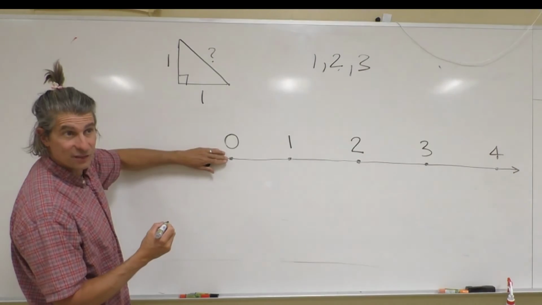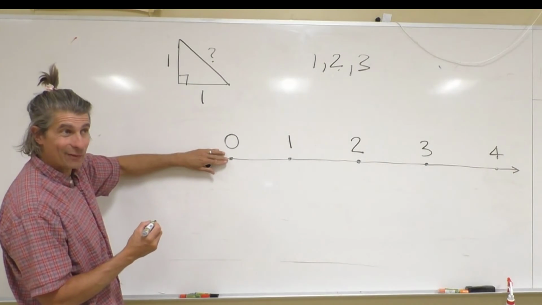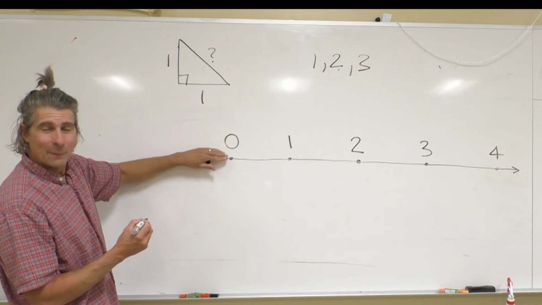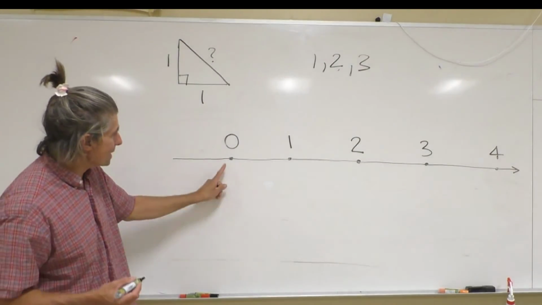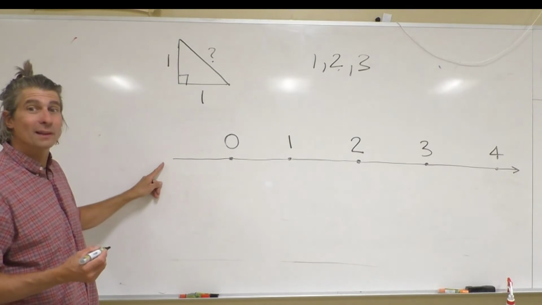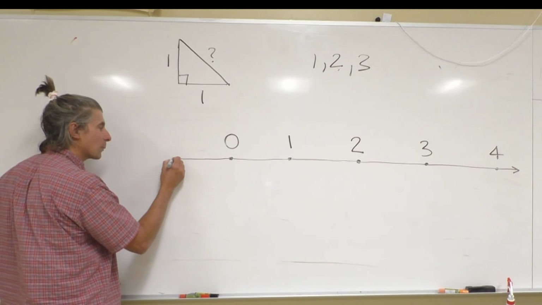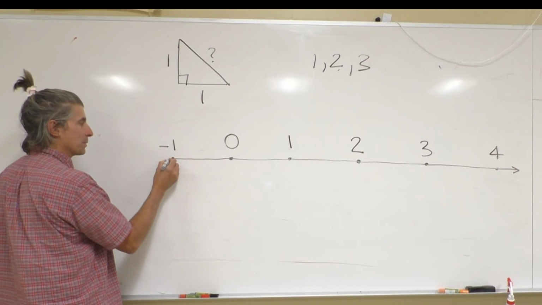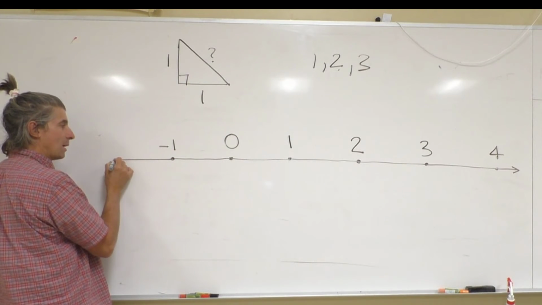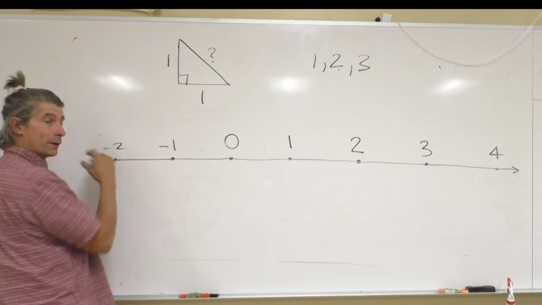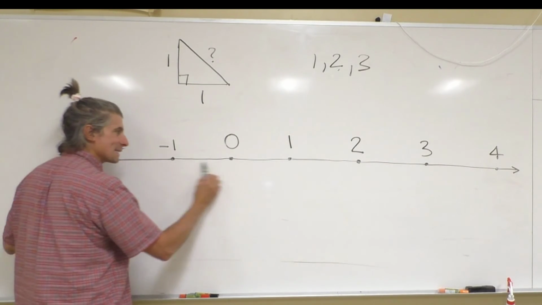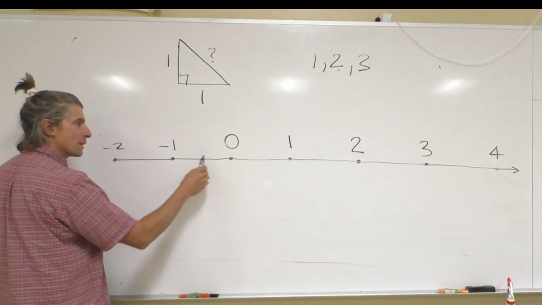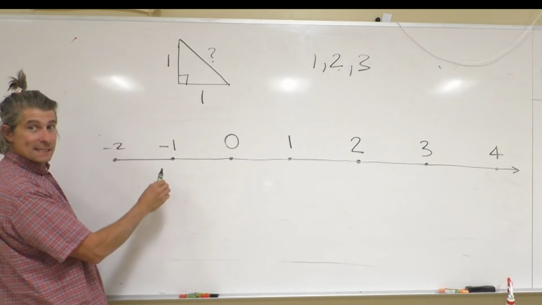For certain contexts, yes. You can't have negative feet, but you can have negative dollars. You can be indebted to someone. So you can go to the left of 0, and that's where we started talking about negative numbers. You can go -1, -2, negative as far as you want. The idea is that the ruler is consistent. These spaces are all the same.